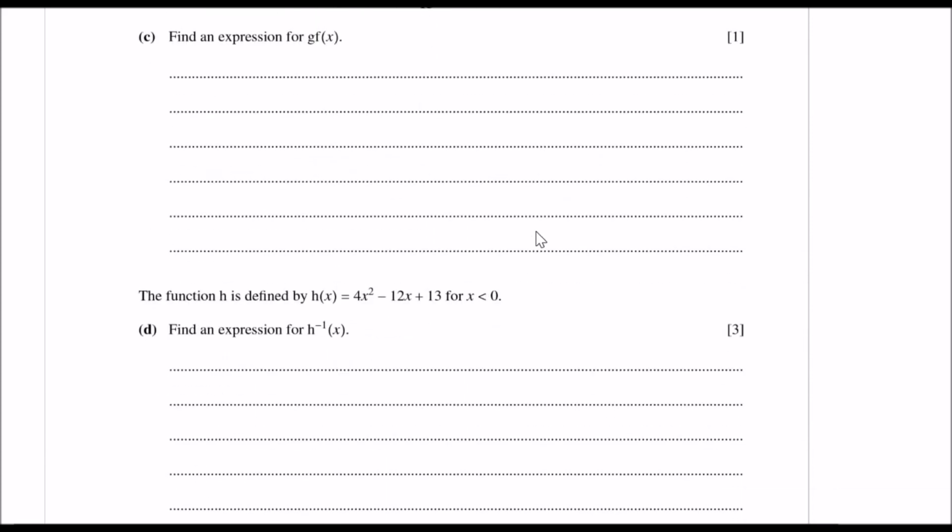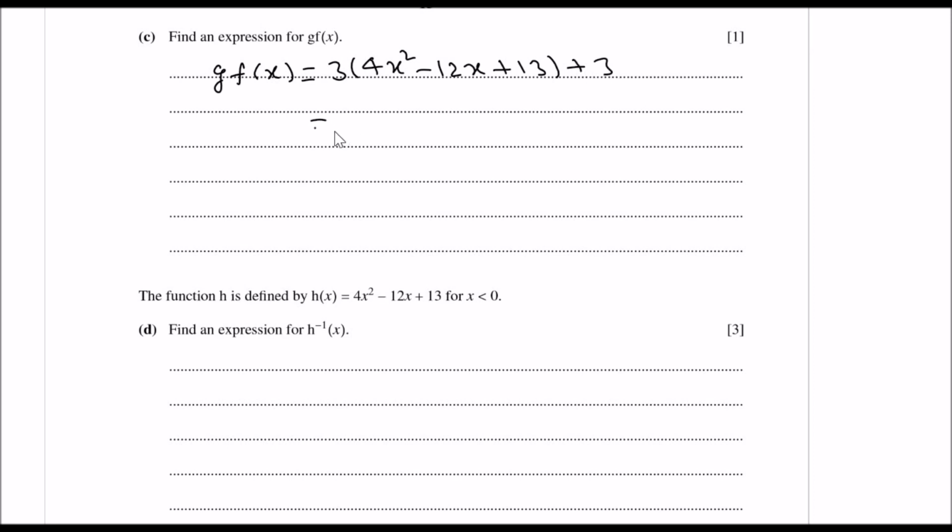Okay, find an expression for gf(x). So let us write this gf(x). gf(x) will be 3 times (4x² − 12x + 13) plus 1.